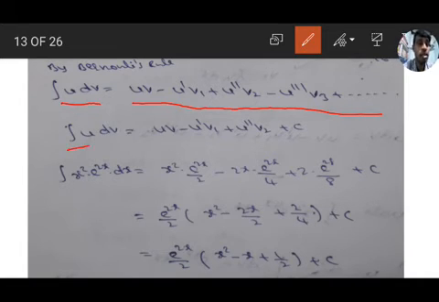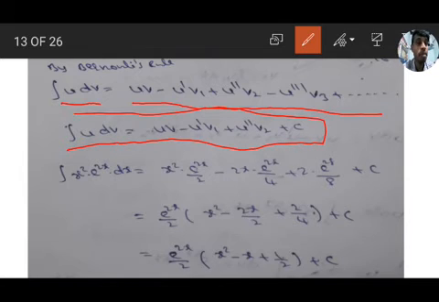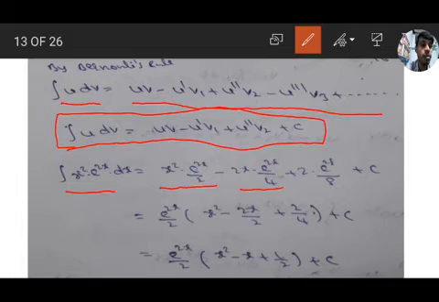So the integration of x square into e to the power of 2x dx equals x square into e to the power of 2x by 2, minus 2x into e to the power of 2x by 4, plus 2 into e to the power of 2x by 8, plus c.